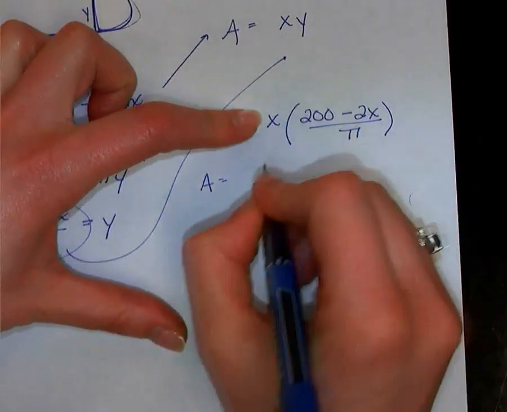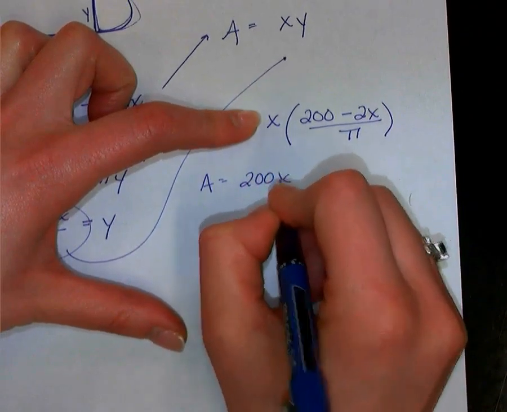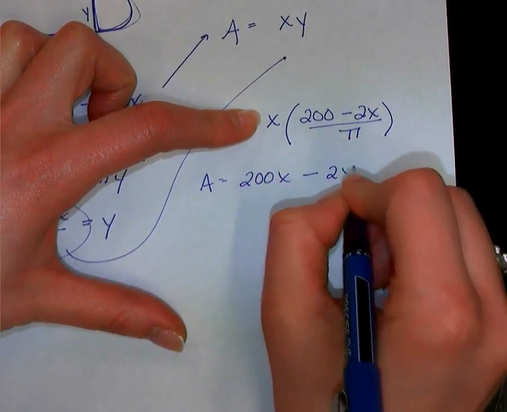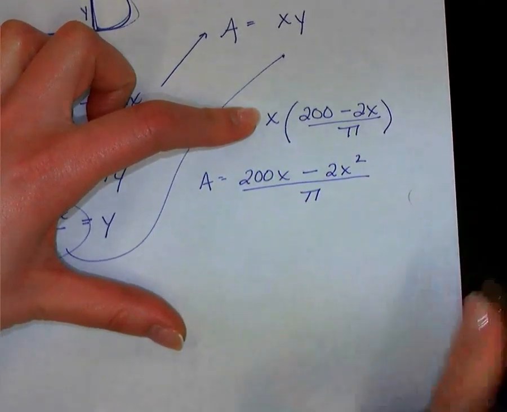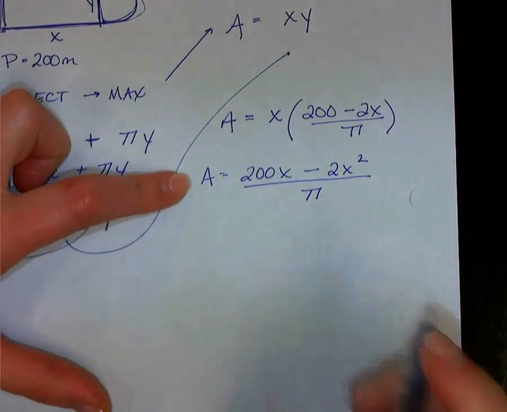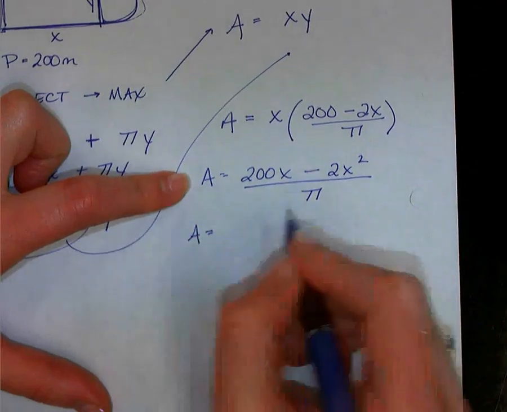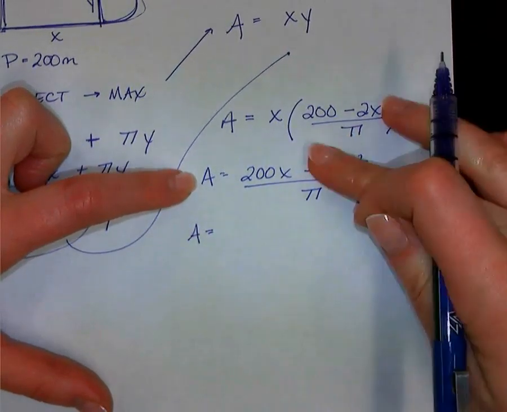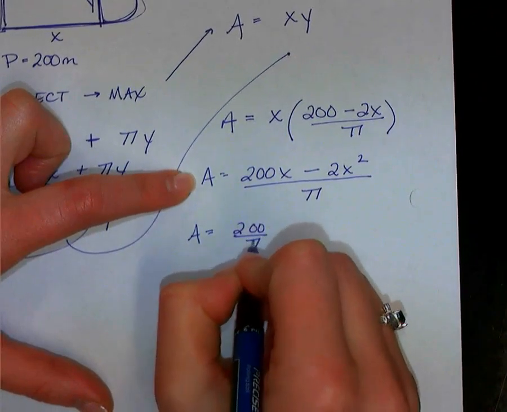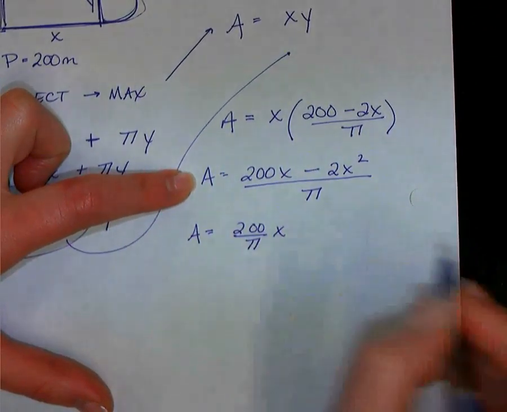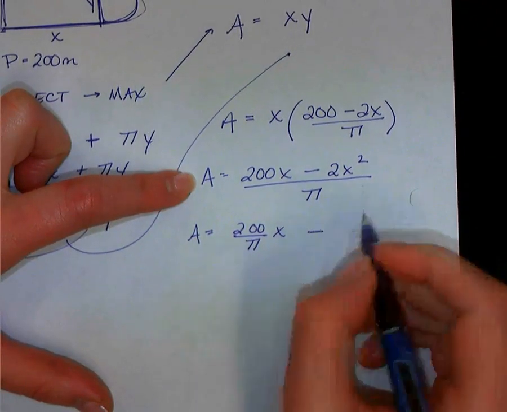If I distribute, 200x minus 2x squared all over pi. Now what I'm going to do is split my fractions. Area is equal to, if I split that right there, 200 over pi times x, minus, if I look at the next one, 2 over pi x squared.